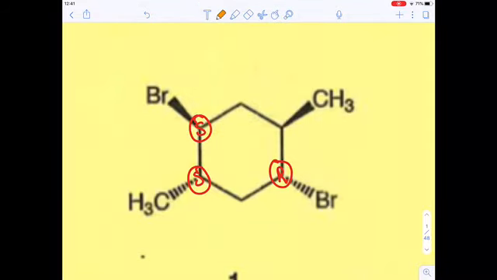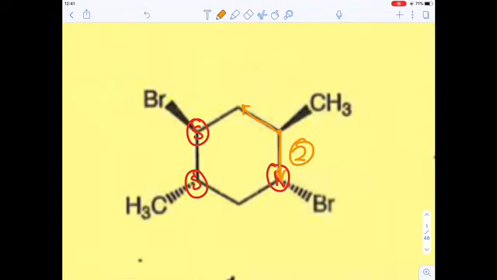Now, for the last chiral center, we're, again, comparing different carbons. So your methyl is not going to be 1 or 2. You're going to have to compare the rings first. So we're going to go for the first point of difference like we did for the past 3. This one has 2 H's. This one has a Br on it. This one down here is going to be higher priority. Then the second half of the ring is still heavier than the methyl on its own.